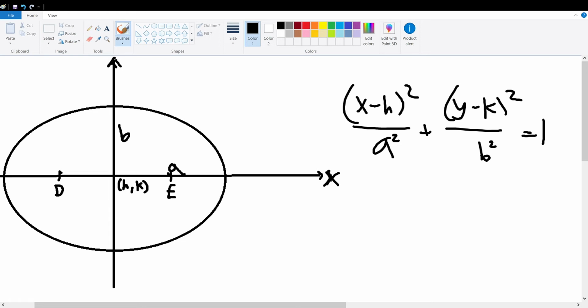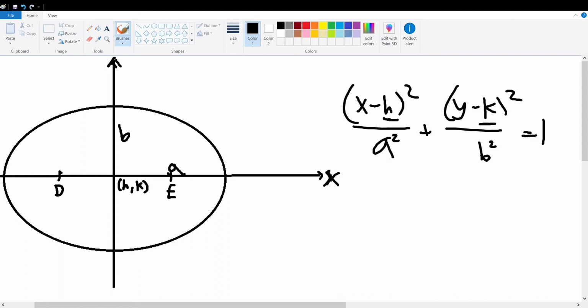Furthermore, we can see points D and E, which correspond to the ellipse's focal points, which I'll be discussing later in this video. And we see its center as (h, k), which are the same h and k values as these two right here within the parentheses. So how do you determine that?